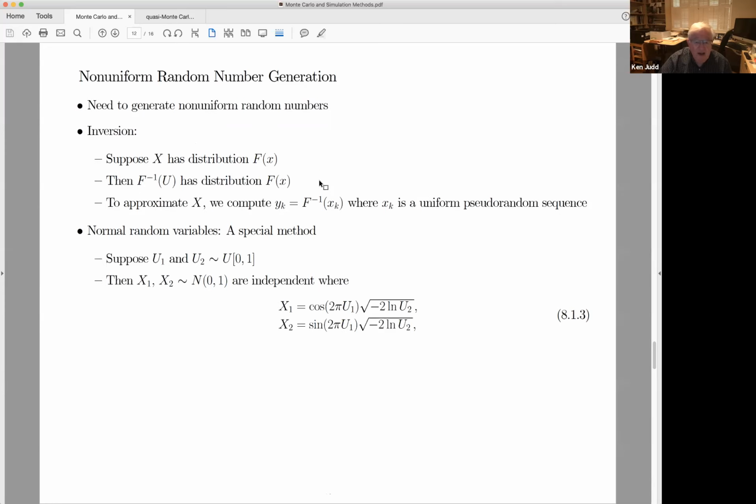Now, if you want to do a non-uniform random number generator, there's a simple way of doing it.